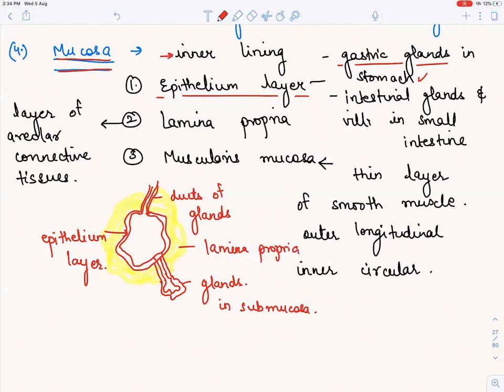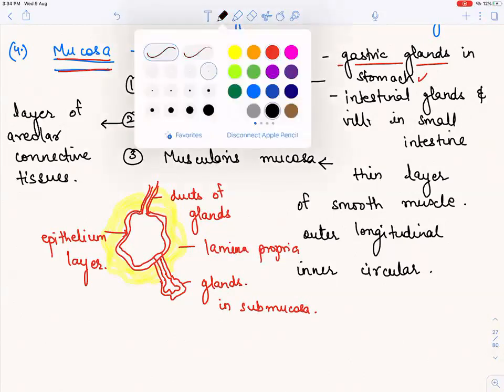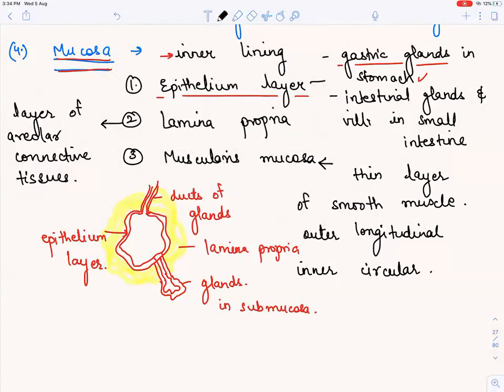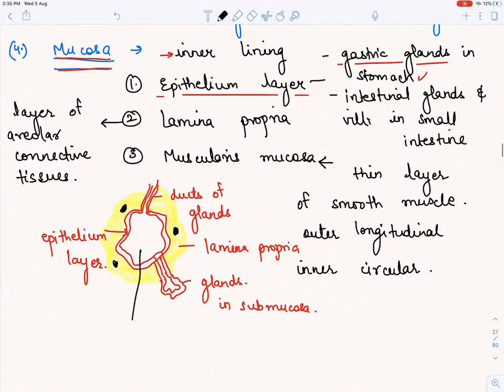And what is it containing? It is an areolar connective tissue, and I told you it has blood vessels and lymphatic tissues, and some glands may be there, right? So this is lamina propria, and this is the lumen.